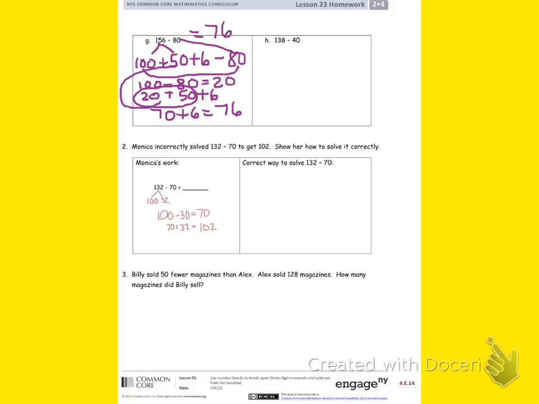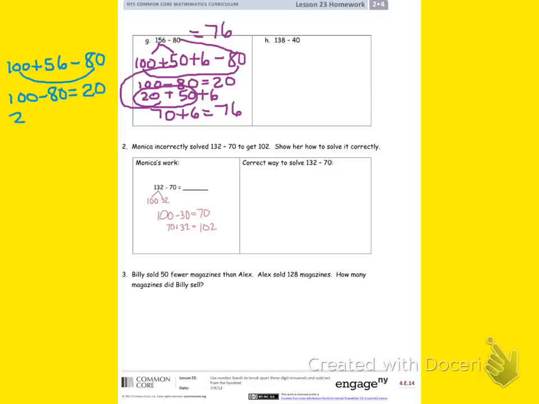Now there's an easier way to solve this problem. You still have to decompose 156, but you can do it in a shorter way. You can do it like this: 100 plus 56, and then subtract the 80. 100 minus 80 is 20.